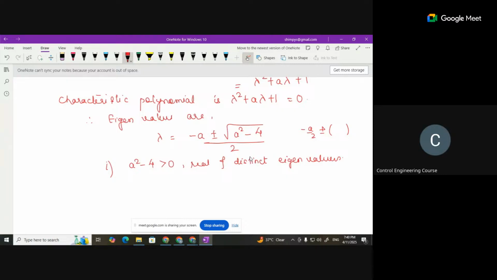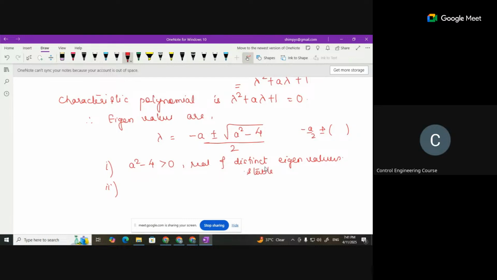So the real part of lambda is less than 0 in this case. Second, you can write down here for a square minus 4 less than 0.